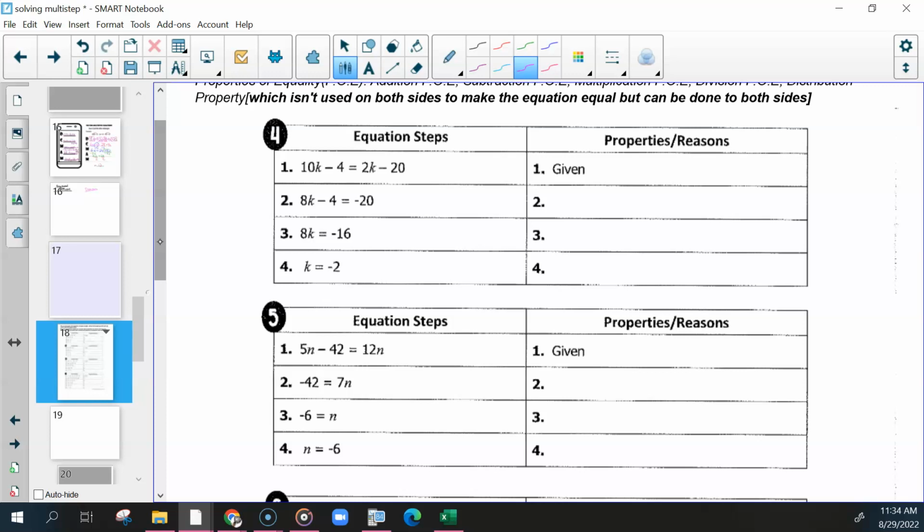So what changed? They subtracted 2k on both sides, so that would be your subtraction property of equality. Once you get past that first step, everything else is similar to what we were already doing. From step 2 to step 3, what did they do?